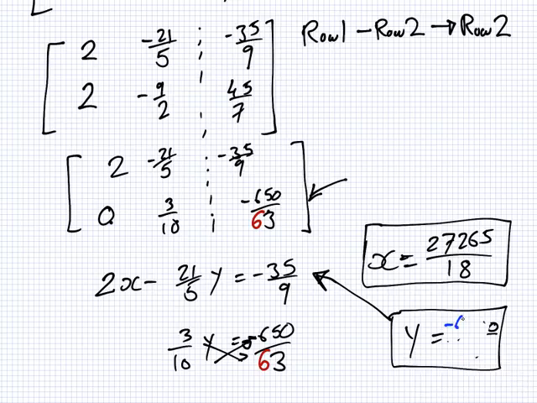Minus 6500 over 189. And then the x here, let me calculate that. Minus 35 over 9 plus 21 over 5 times that answer. And is the x minus 445 over 6?